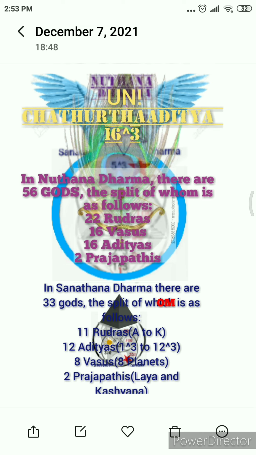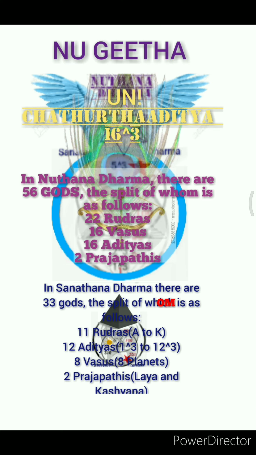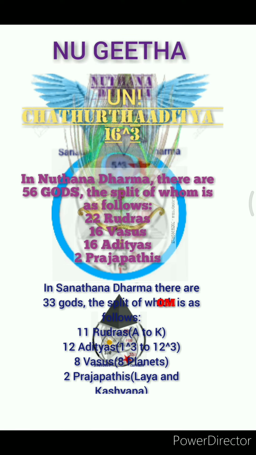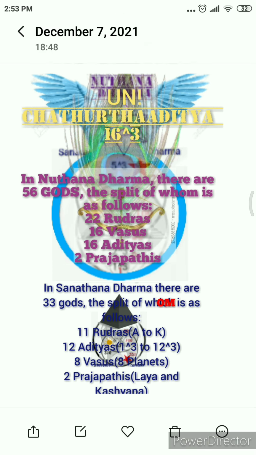Since this system has two parallel worlds, it will naturally have double these entities. So if you have 11 Rudras, we will have 22 Rudras. If you have 8 Vasus, we will have 16 Vasus. If you have 12 Adityas, we should have 24 Adityas here.